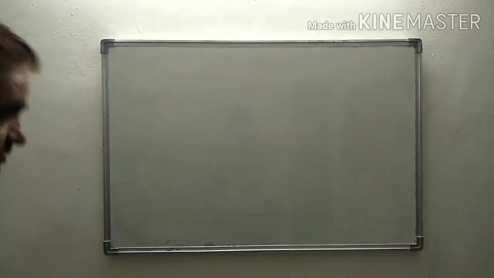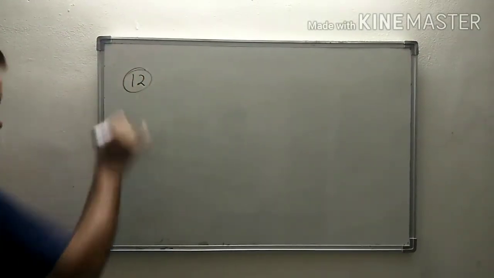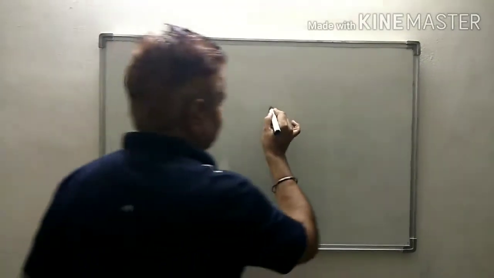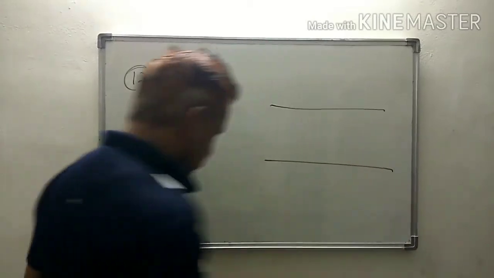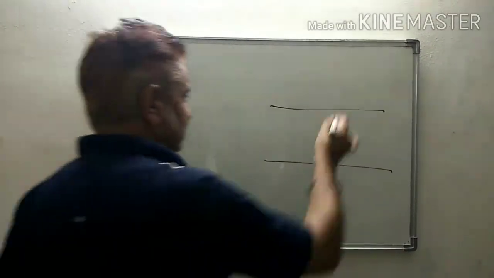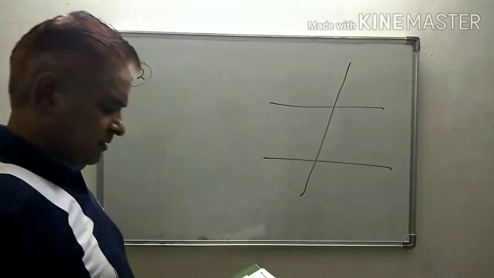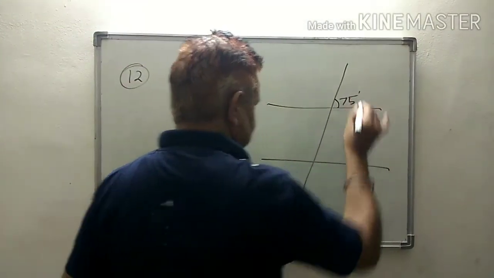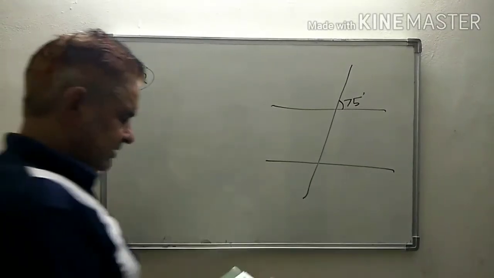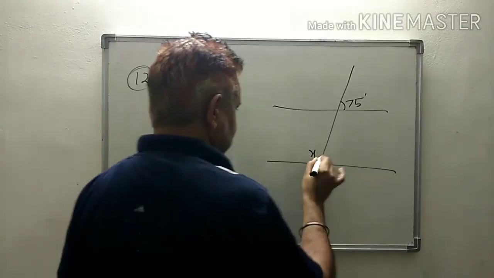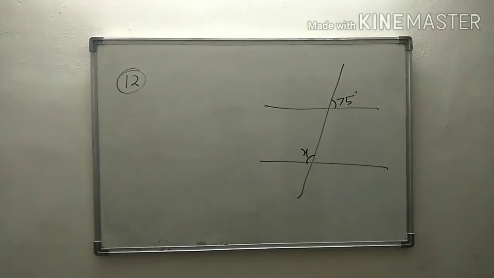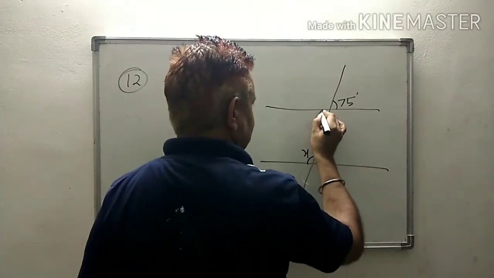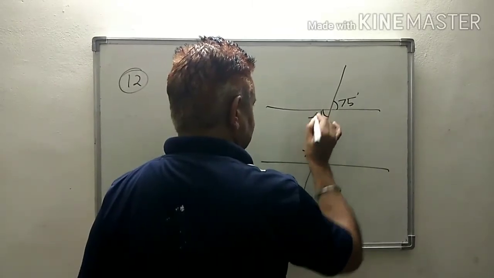After this, question number 12. In the adjoining figure, these two lines are parallel and this is a transversal line, and this is 75 and this is x. You have to find the value of x. This is 75, and this is also 75, vertically opposite.